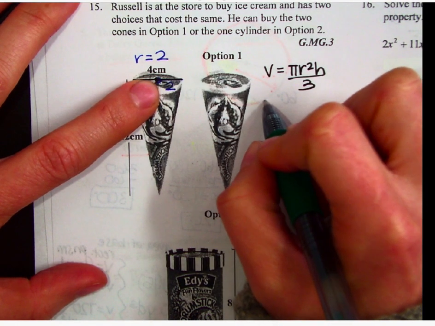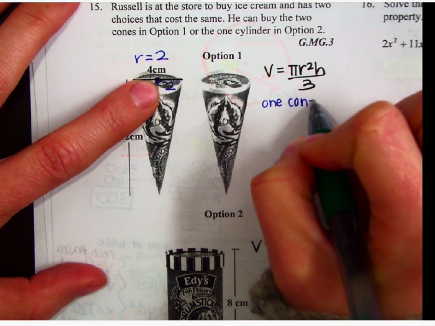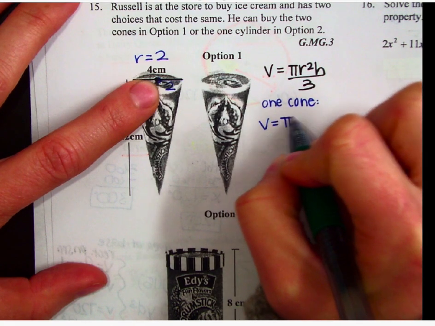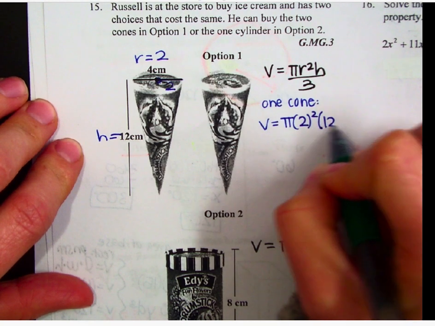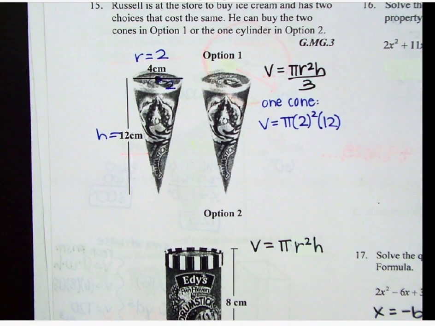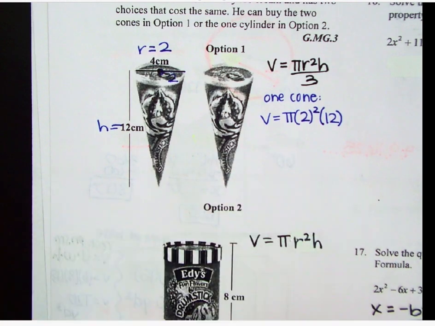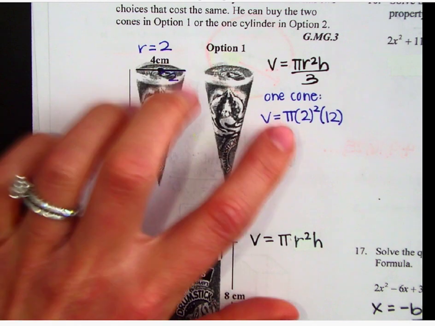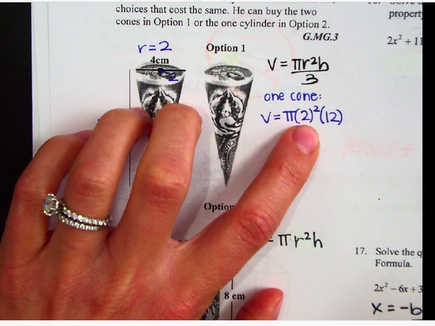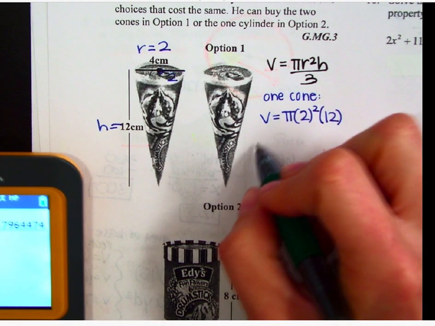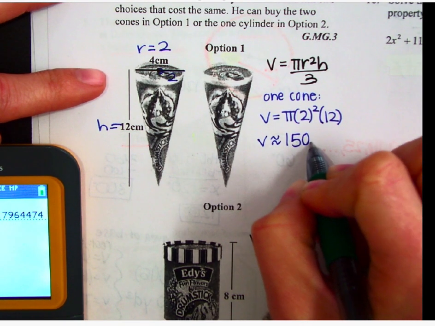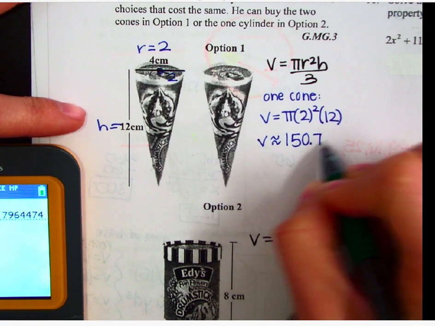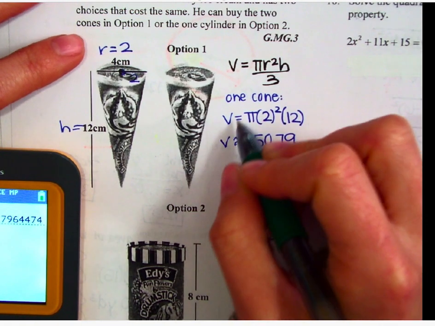So to find the volume of one cone, we're going to use the formula pi times the radius squared times the height. And I'm going to put that into my calculator. You could leave it as exact volume, but I'm going to go ahead and put it all in the calculator as pi times radius squared times 12. This volume is about 150.79. So this is the volume of only one cone.